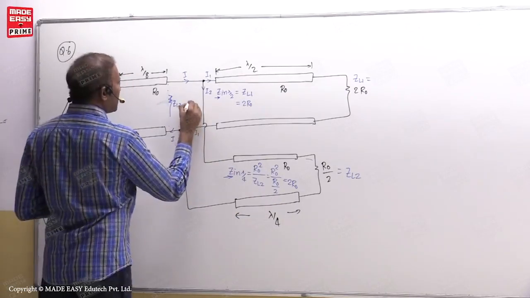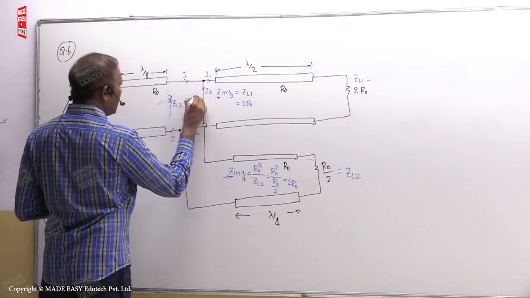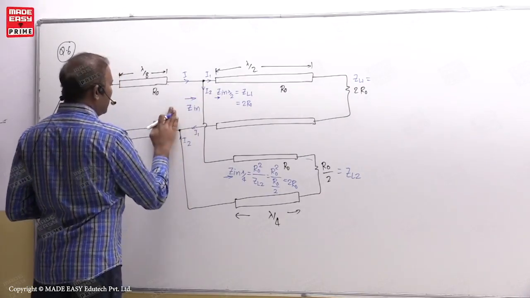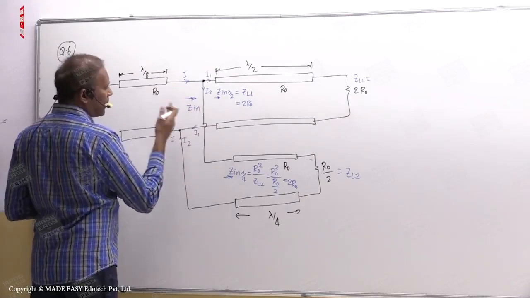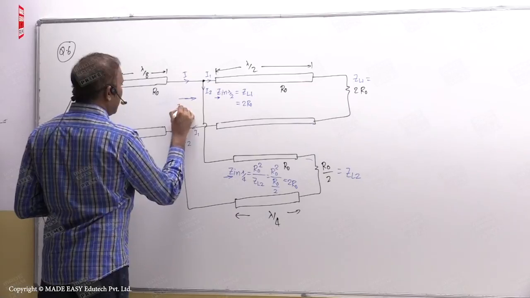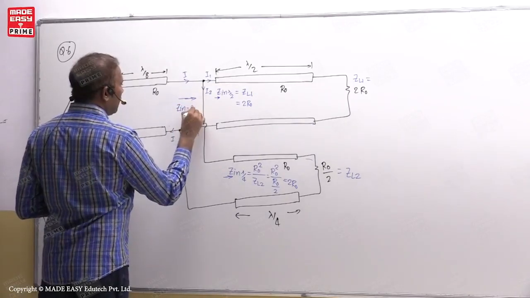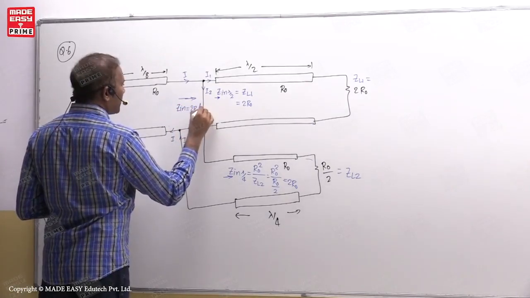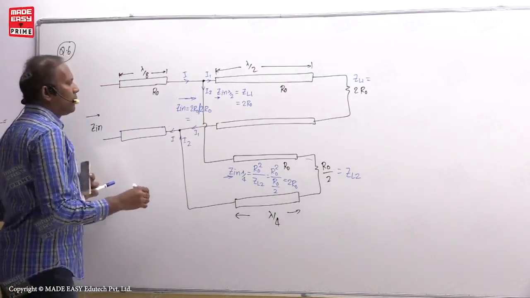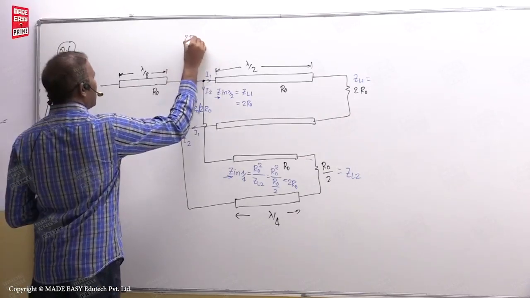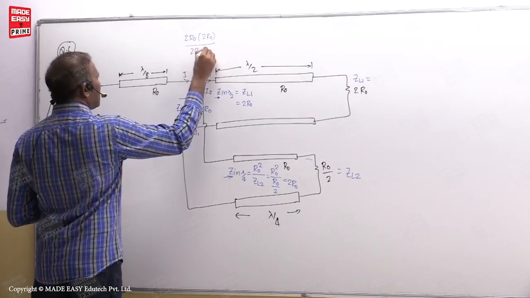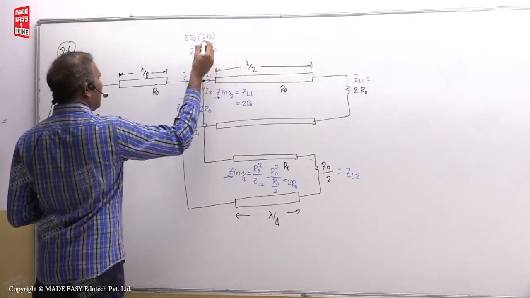So the overall input impedance becomes a parallel combination of 2R0 and 2R0. The input impedance of these two sections, Zin, I will remove this for the time being, is nothing but 2R0 parallel with 2R0, that is 2R0 into 2R0 divided by 2R0 plus 2R0.